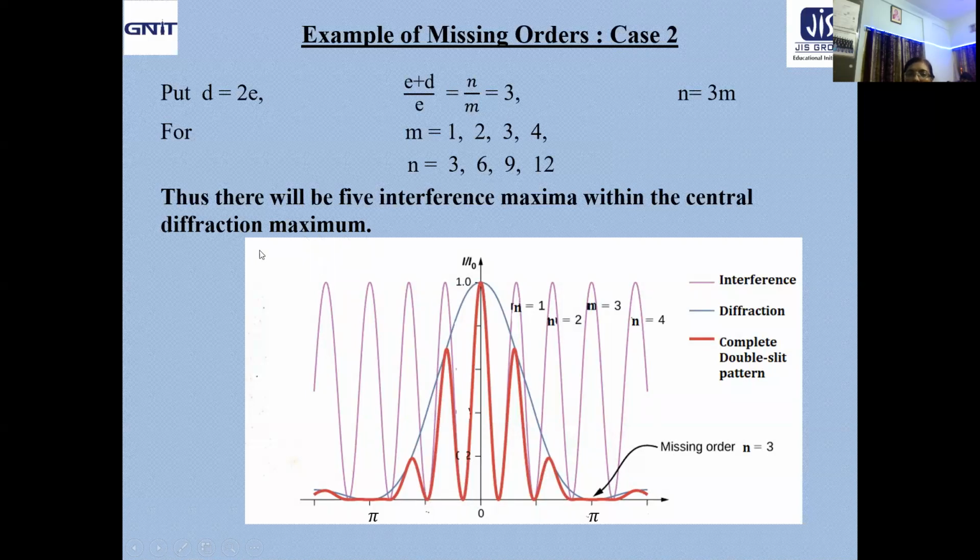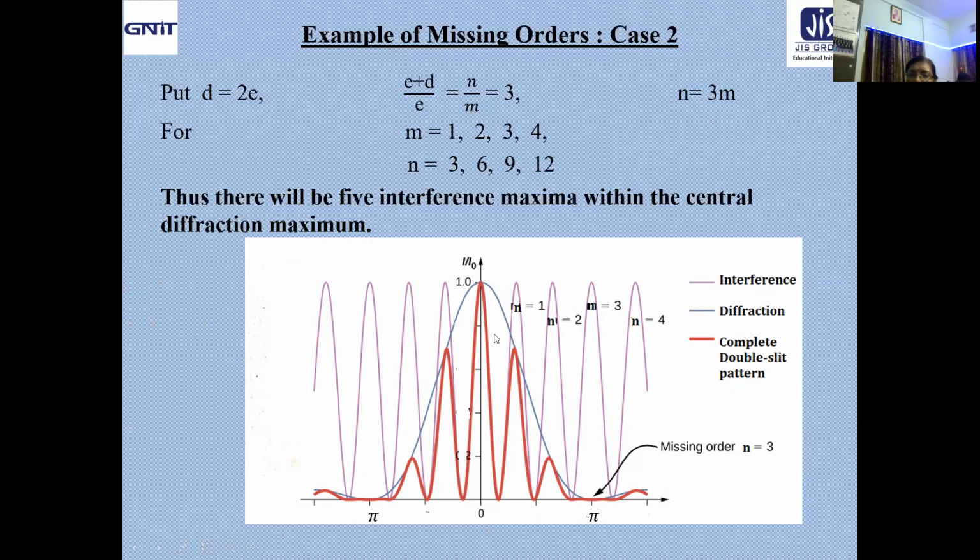Let us now take a look at the diagram in a slightly different way. I am showing you here the interference curve, that is the violet one. In case of interference, you know that there will always be one type of maximum and then minimum.